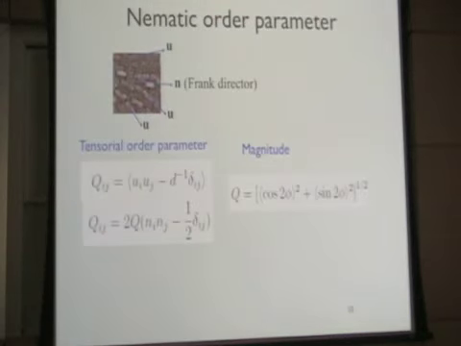Anyway, as I said, in addition to those kind of bulk measurements, you can actually see individual cells when you work with high resolution microscopy, and you can measure individual orientation. You can estimate the order parameter, a tensor, because there is no direction associated with cells. We have a tensorial order parameter, and this is the magnitude of that, which is basically defined like this. In a disordered state, Q is equal to 0. In the completely ordered state, it goes to 1.